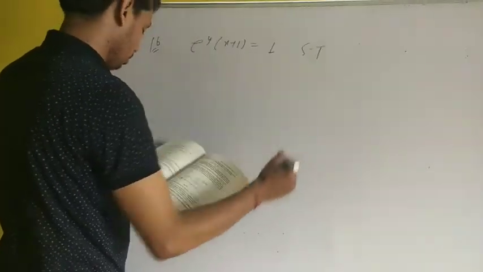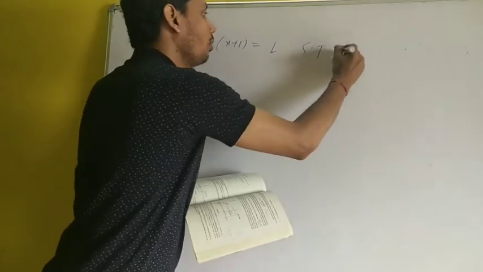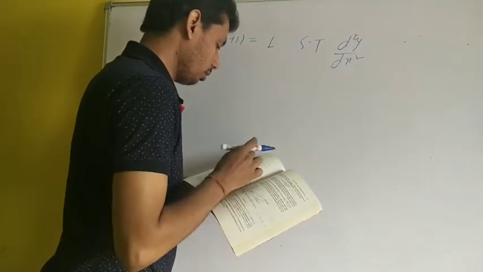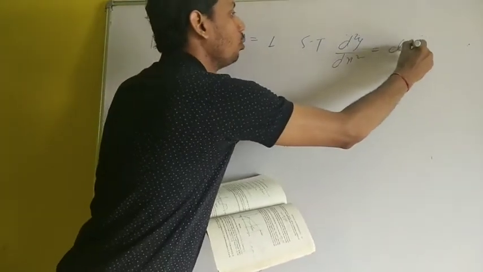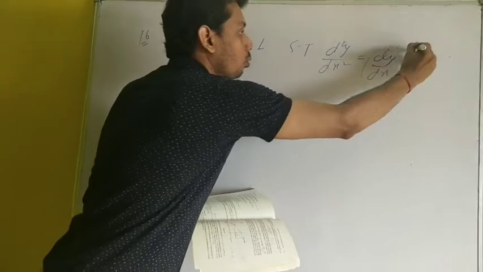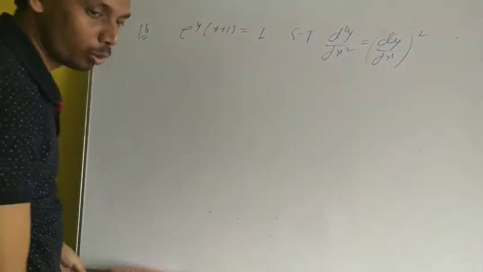Show that d square y by dx square is equal to (dy by dx) whole square. This we have to prove.